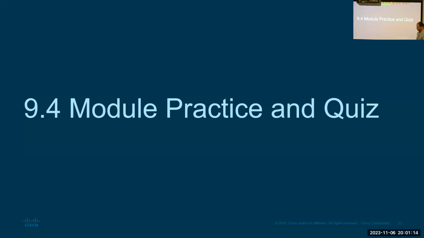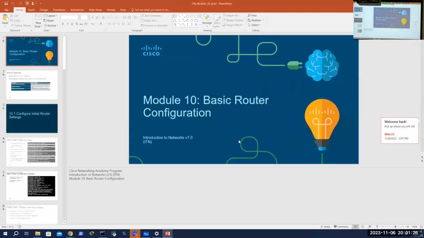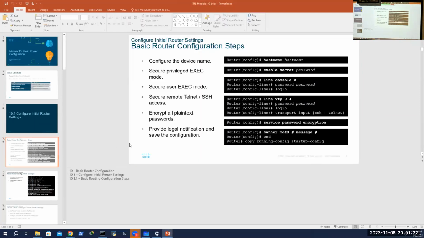All right, and that was it for this one. I thought this one was pretty quick. So we only have module 10. And let me see how long that is. So we know it should start at 31, this is just basic router configuration. That's actually good to do first thing on Wednesday, because that's what you're going to do in the lab.